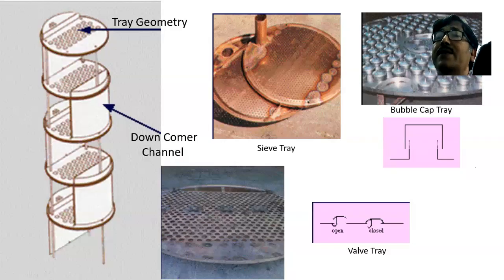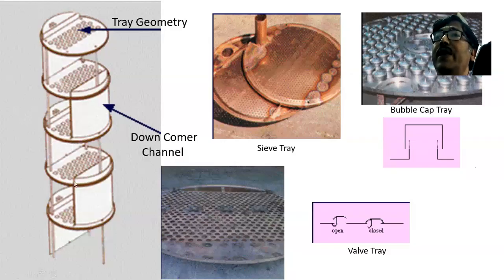The main reason is that sometimes, due to thermal shock, there may be crushing or damage of the packing materials. Due to that, the properties may change. So that's why we generally use plate type distillation columns in the cryogenic distillation process.